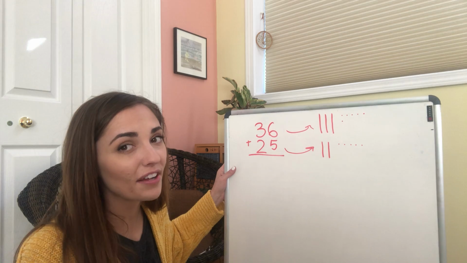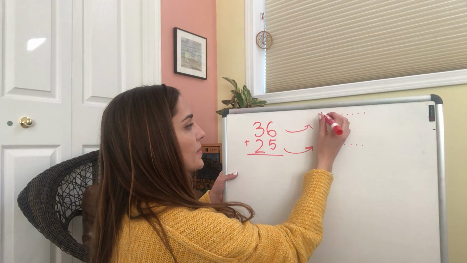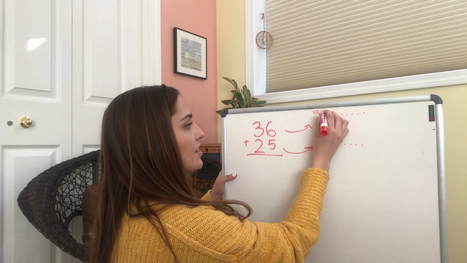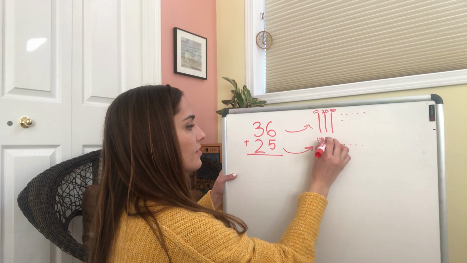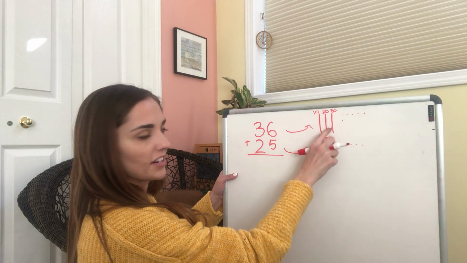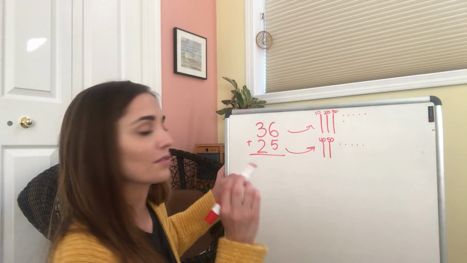Then with a place value kind, we're just going to add as we go. So I'm going to write 10, 20, 30, 40, 50. Notice how I start by counting up by the 10s first, and then we'll do the 1s.